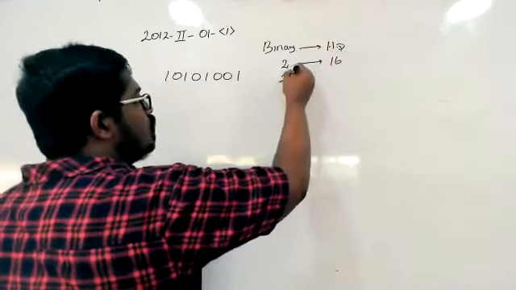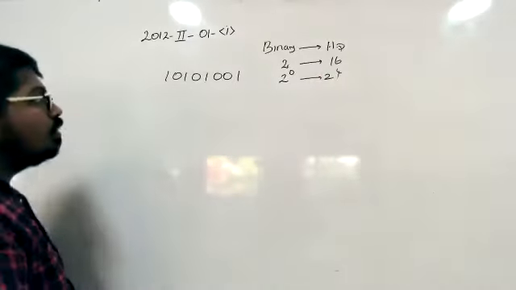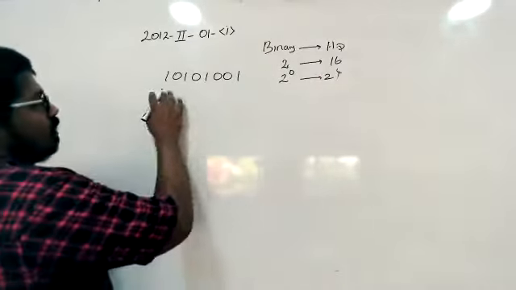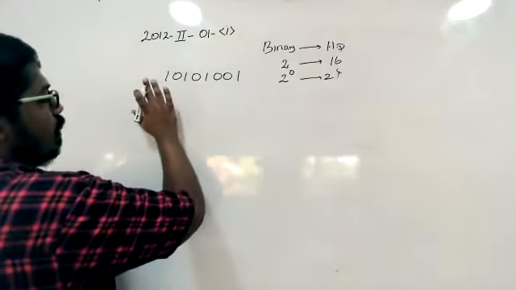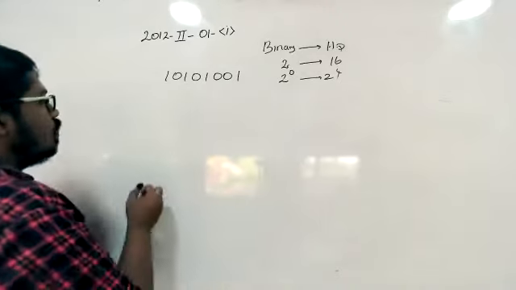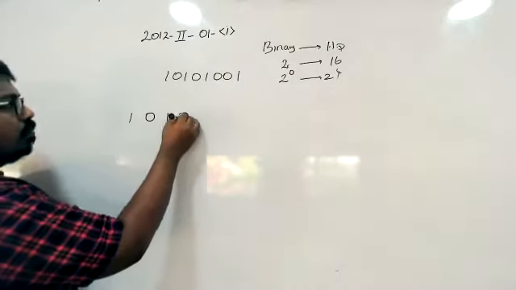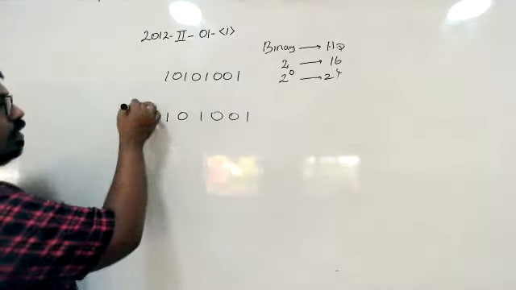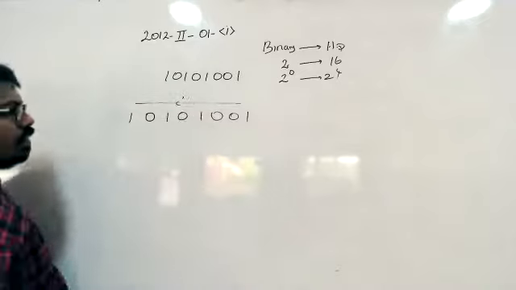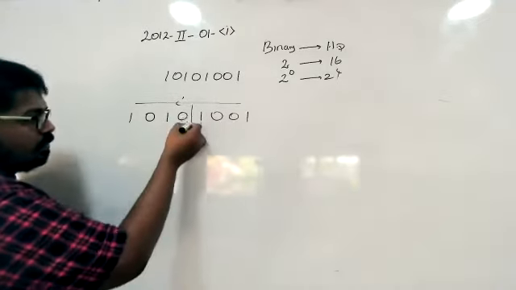So 2 to the power 0, this is 2 to the power 4. When you want to convert a binary number into hexadecimal number, you have to write the binary number and divide the given binary number into 4 digit groups.